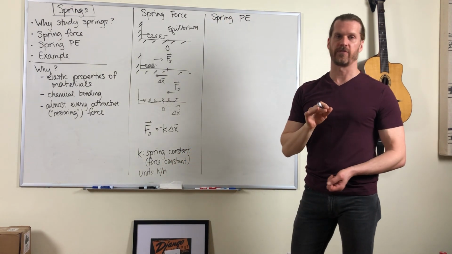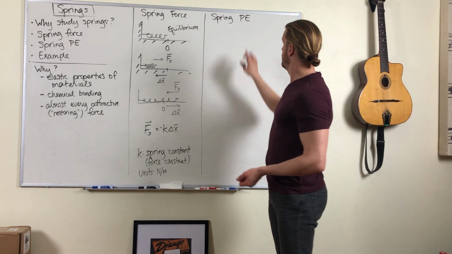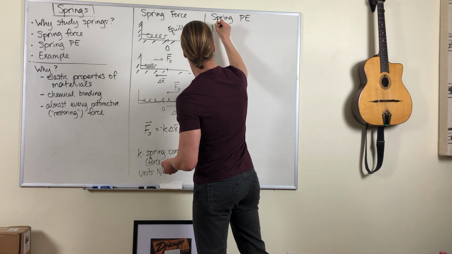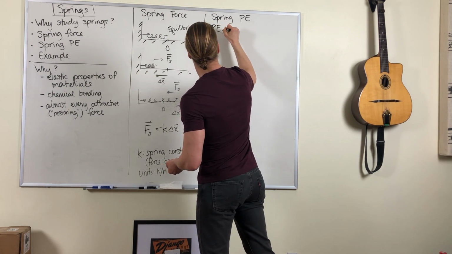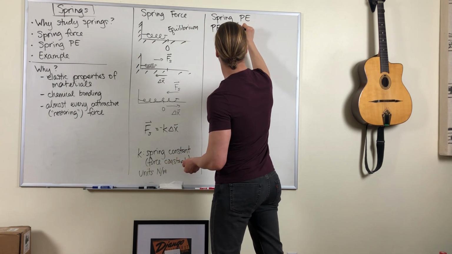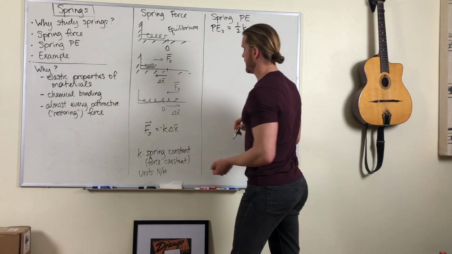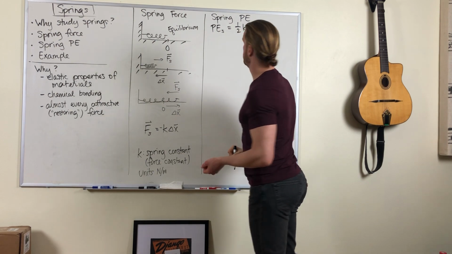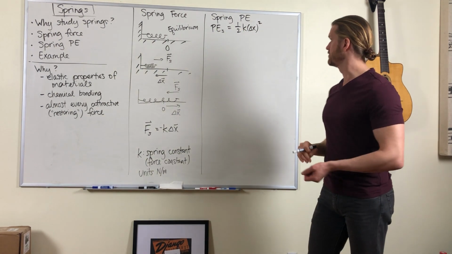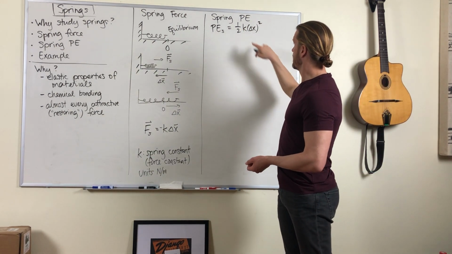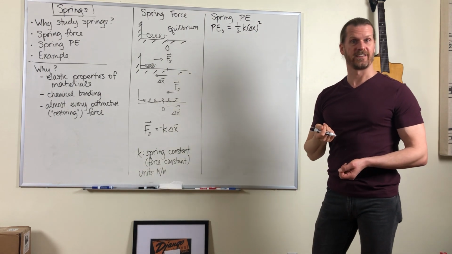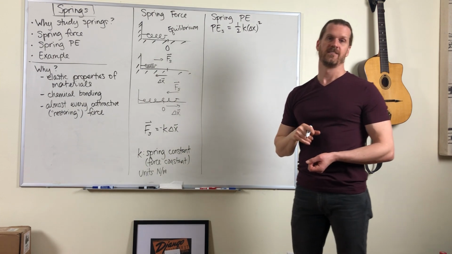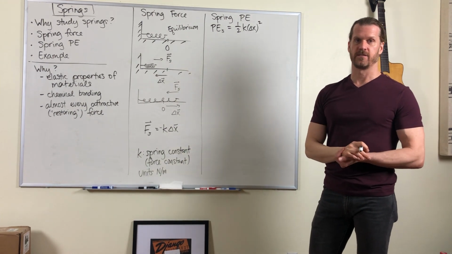All conservative forces have a potential energy function. So the potential energy function for springs looks like this: 1/2 k times delta x squared. It looks kind of like the formula for kinetic energy, 1/2 mv squared, but this is 1/2 k times that displacement squared.